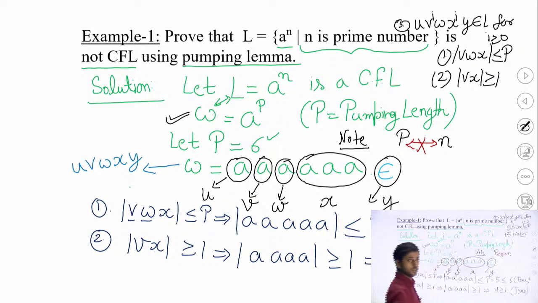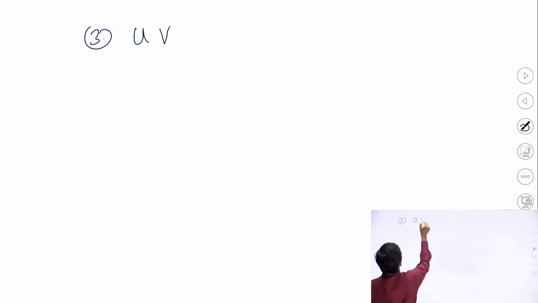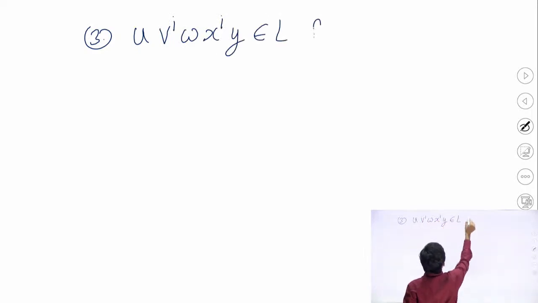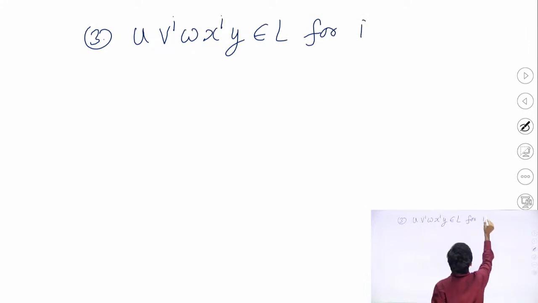Let's see the third condition, that's the last condition: u v raised to i, w, x raised to i, y belongs to language L for all i greater than or equal to 0.